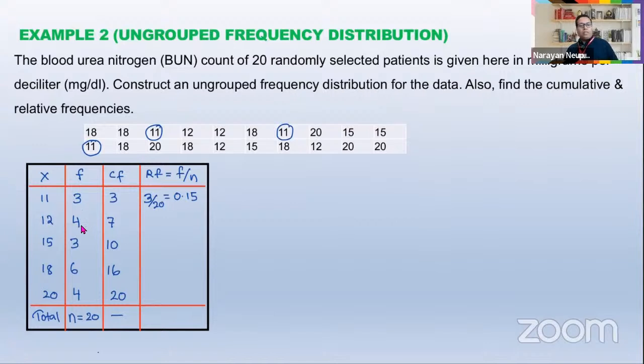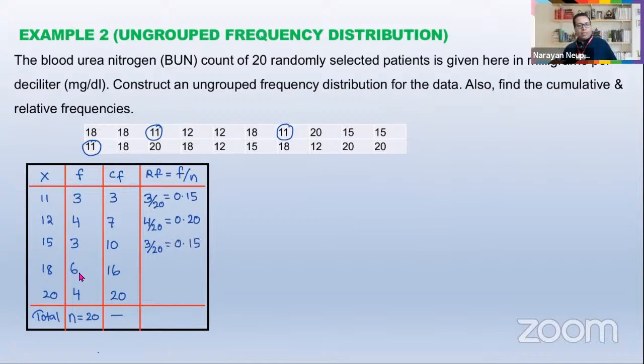Now the next frequency is 4, so it is 4 divided by 20, which is 0.20. Next frequency is 3, so 3 divided by 20, you already know that's 0.15.